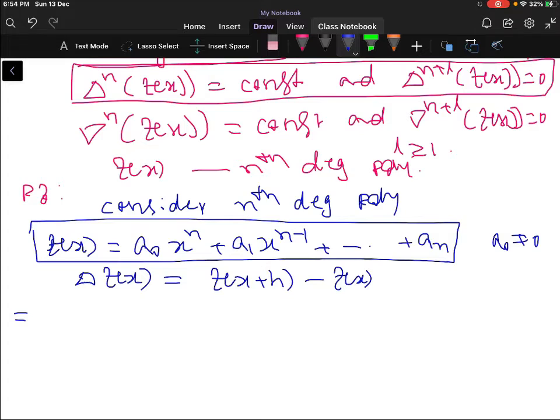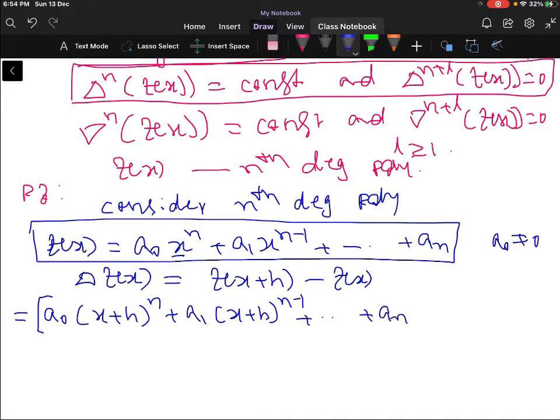Let us define f of x plus h. Wherever x, just take x plus h. So delta of f of x is equal to a0 into x plus h whole power n plus a1 into x plus h whole power n minus 1 and so on plus an.